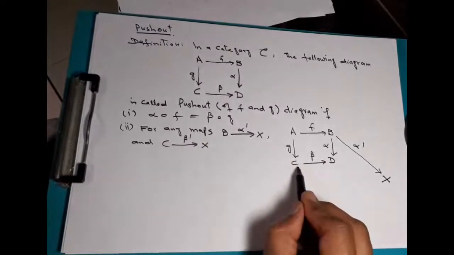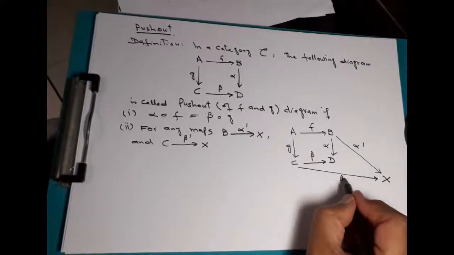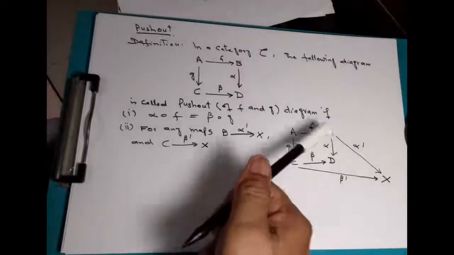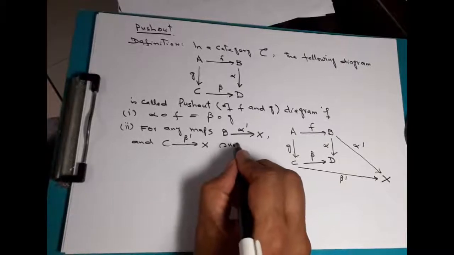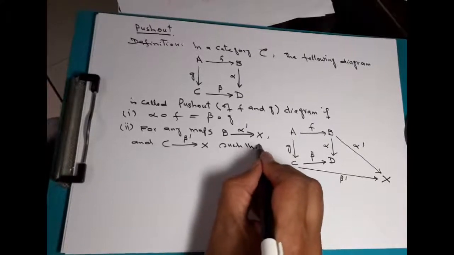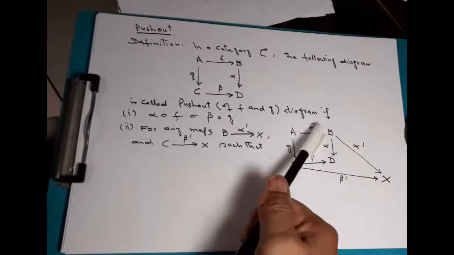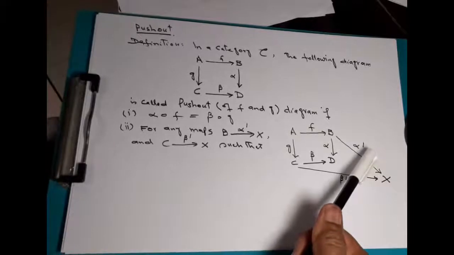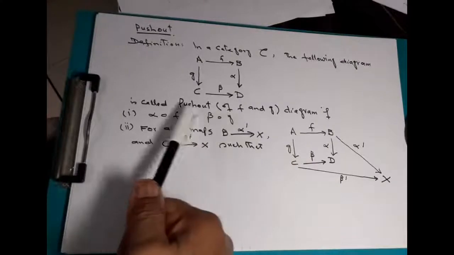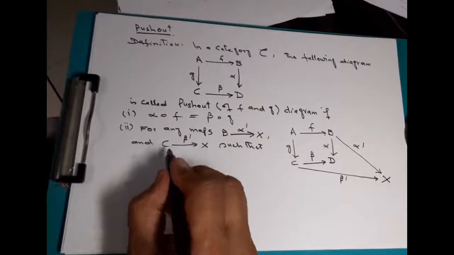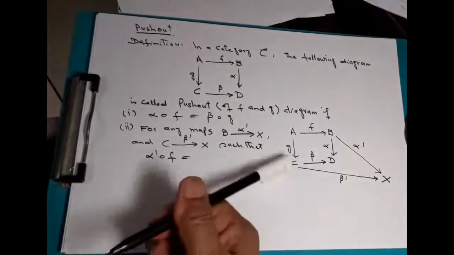We call it beta dash. If there are these two maps such that alpha dash composed with F is equal to beta dash composed with G, a similar condition.